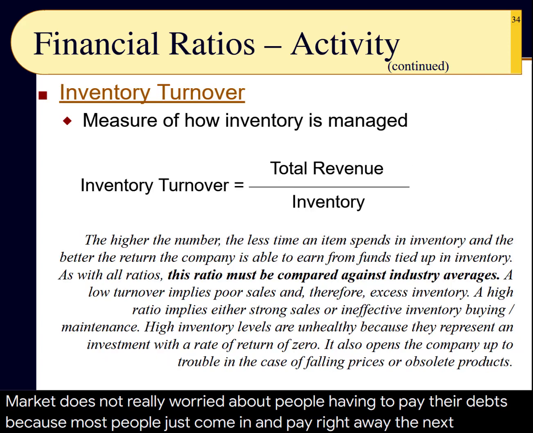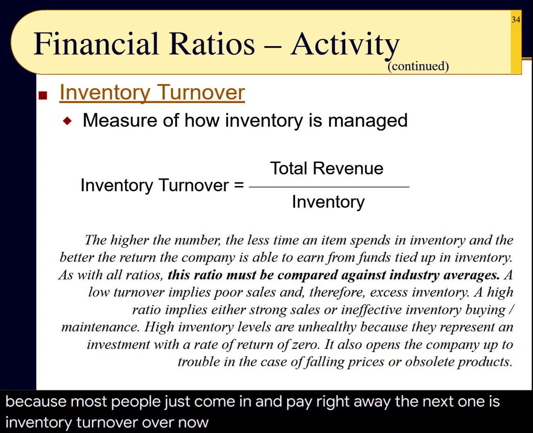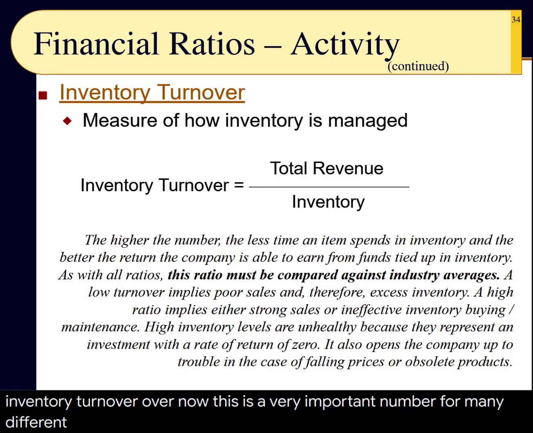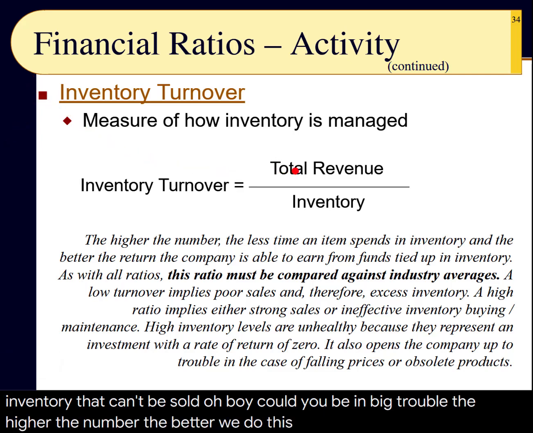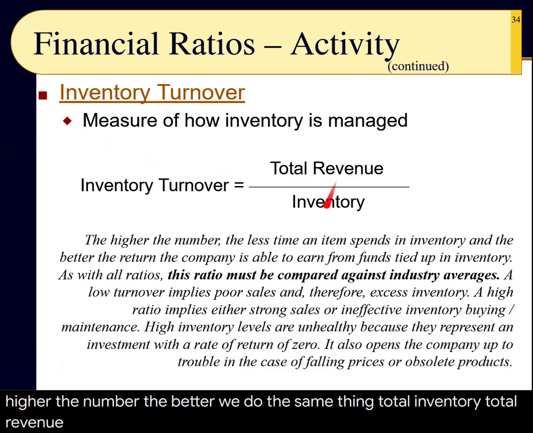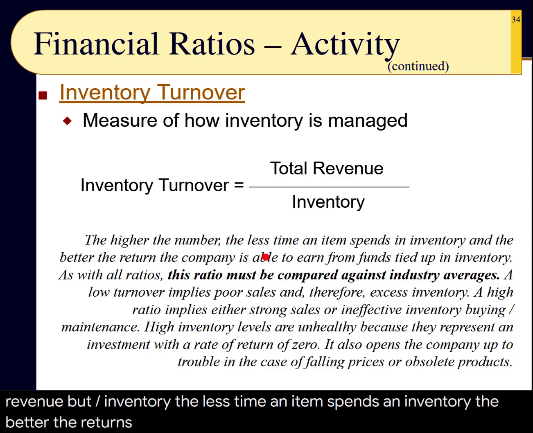The next one is inventory turnover. Now, this is a very important number for many different types of companies because if you get stuck with some inventory that can't be sold, oh boy, could you be in big trouble. The higher the number, the better. We do the same thing: total revenue divided by inventory. The less time an item spends in inventory, the better the return the company is able to earn from funds tied up in inventory.